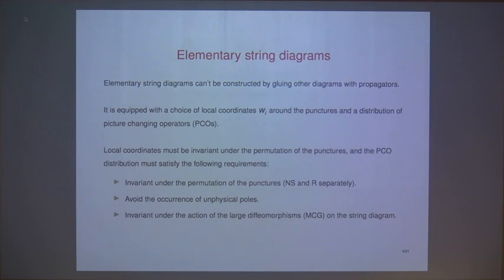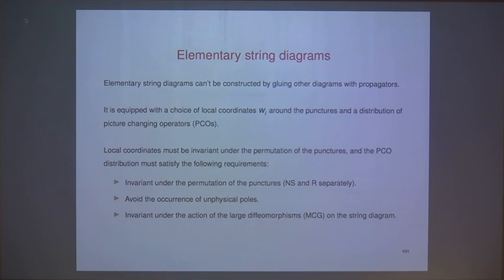Now, an elementary string diagram is a string diagram that can't be constructed by gluing other string diagrams with propagators. Each elementary string diagram comes with a choice of local coordinates around the punctures and a distribution of picture-changing operators. These local coordinates and the picture-changing operator distribution have to satisfy certain conditions. First of all, the local coordinates that you choose must be invariant under the permutation of the punctures.